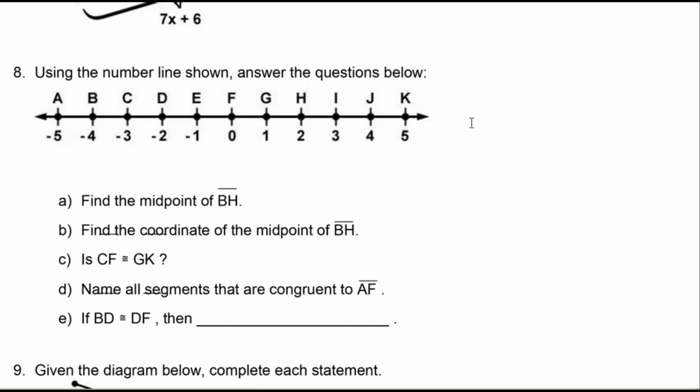So number lines, hopefully you guys remember how to do this. If I want to find the midpoint again of segment BH, my segment here is going to be from B all the way to H. Now I know this could be a little confusing, so let's just start with a little refresher of number lines.